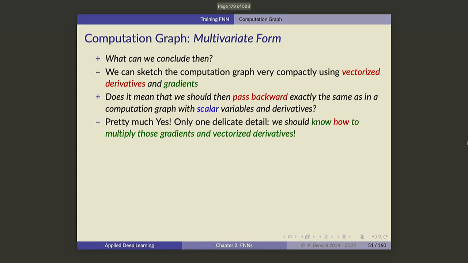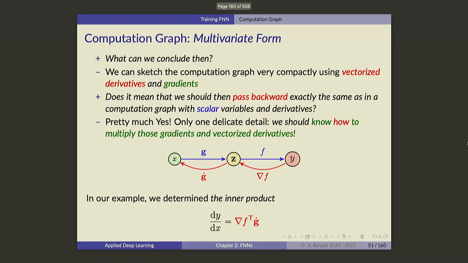So this means that if you want to just move backward on this particular computation graph, you're going to say, okay, I got from y to z, an n-dimensional vector, right? I got from z to x, an n-dimensional vector, right? Now, I want to get from y to x.